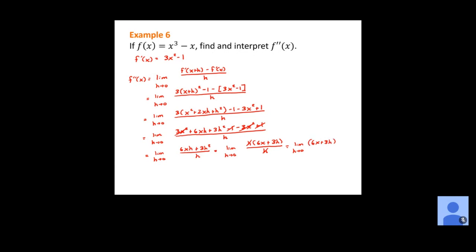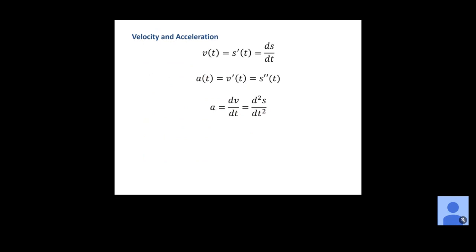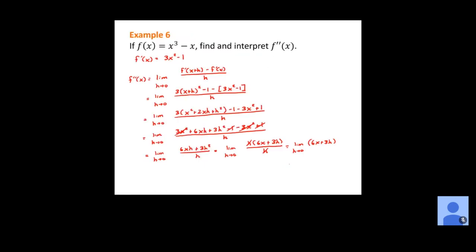So what would our limit as h approaches 0 of 6x plus 3h give us? Good, right? Because the 3h just becomes a 0, and so this is just 6x plus 3 times 0, or just 6x. So in this case, f double prime of x is 6x.